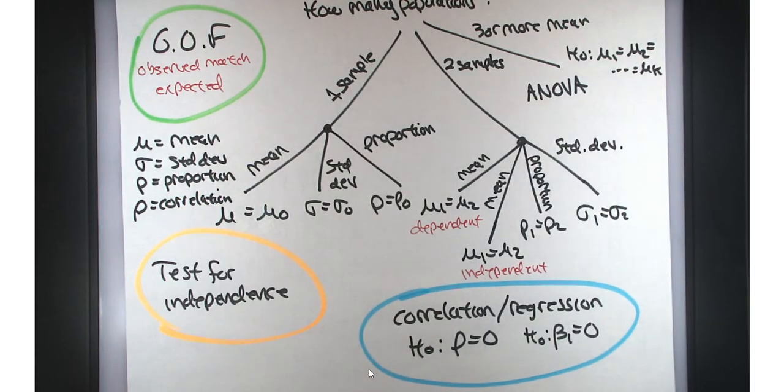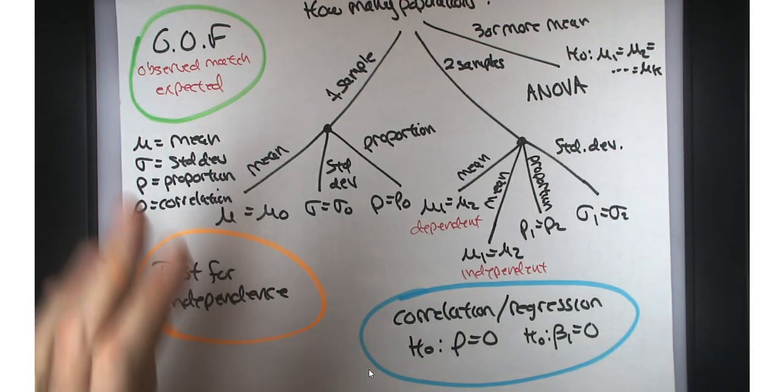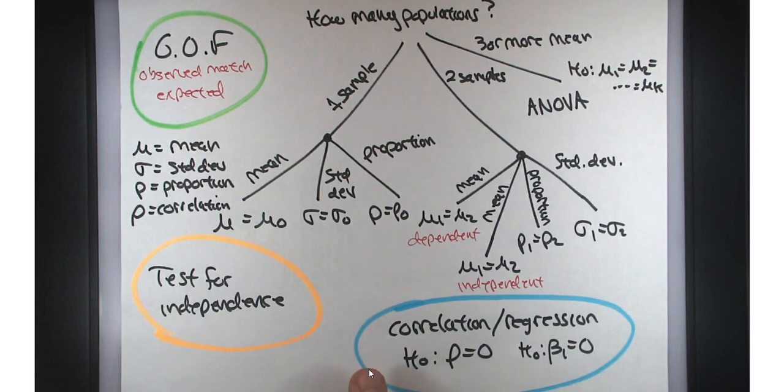Try and branch down to where you need to be based on what kind of parameter you're testing. I'll put a copy of this in the scanned-in notes for today, but let's apply this to our current example.